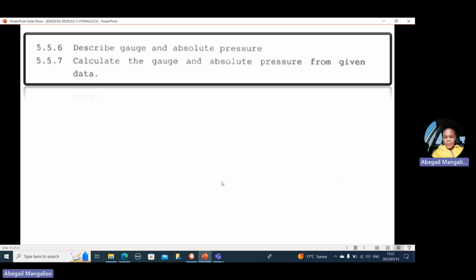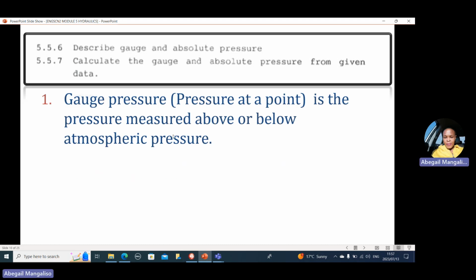Another type of pressure is called gauge pressure, and also absolute pressure. A gauge pressure is defined as a pressure at a point, so you will be calculating the pressure that is exerted by a liquid. It is the pressure measured below or above the atmospheric pressure.